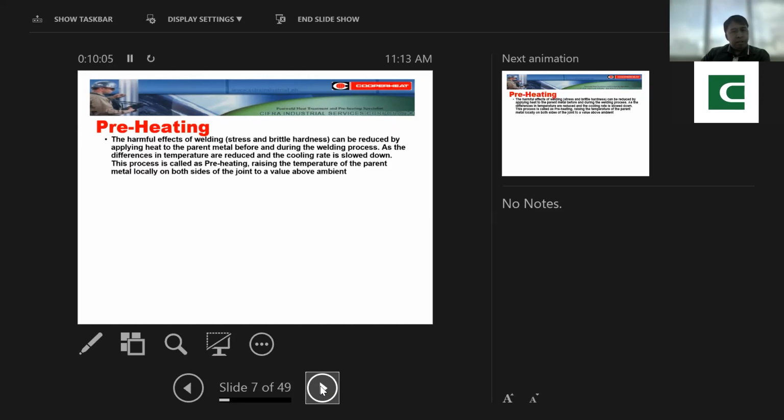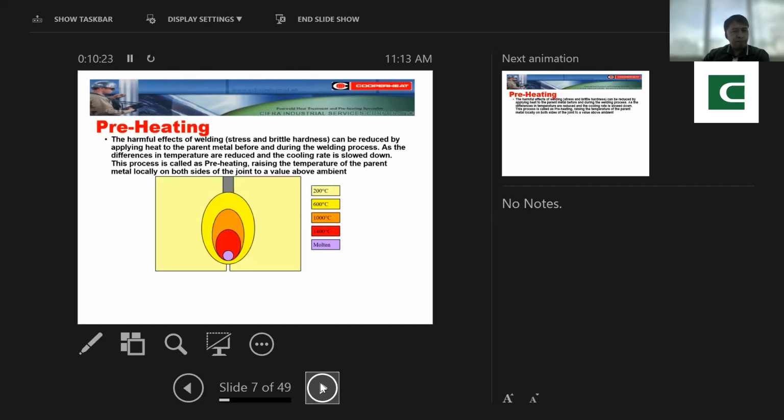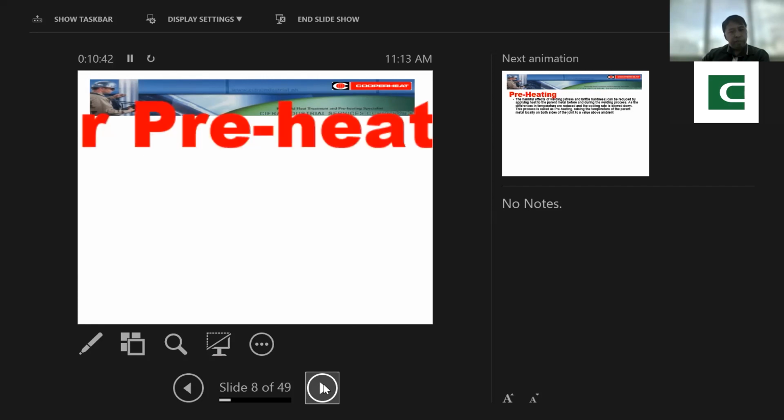And the purpose of first preheating is to slow down cooling, to avoid stress and brittle hardness on our weldment. Okay. And preheating also removes hydrogen in our welding that can create porosity, and this porosity, if aligned to each other, can create weld cracking on our weldment.